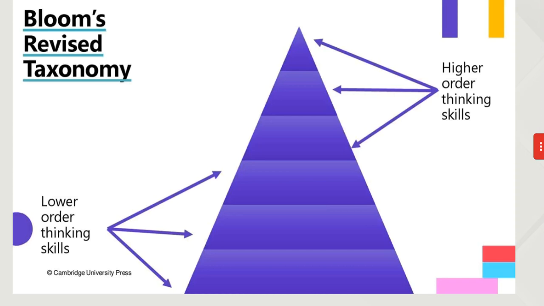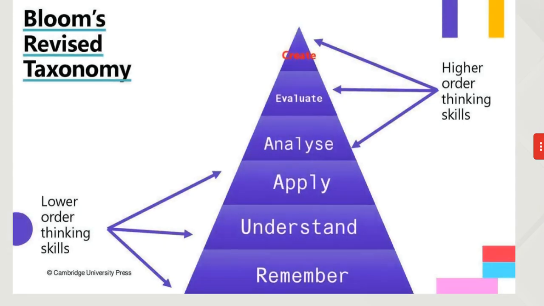So just to recap, for some of you that may not be so familiar with Bloom's revised taxonomy, there are 6 levels of thinking in Bloom's model. So we have skills towards the bottom, which are simpler. We can see at the bottom it says lower order thinking skills.